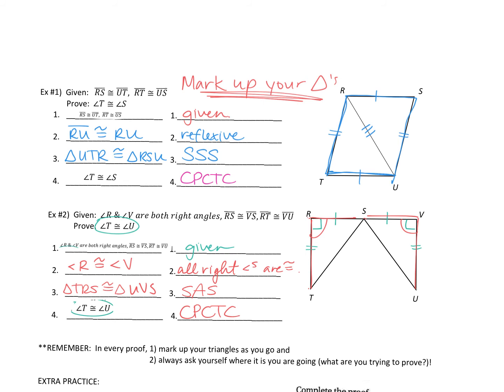The one thing to watch out for here, don't ever mark T congruent to U. If we're trying to prove that, we don't know it, right? So if you're trying to prove it and you mark them, you might see this as ASA. It's not, because we don't know those angles are congruent. We're proving those angles are congruent. So just don't ever mark what they're asking you to prove. Otherwise, it might throw you off, okay?